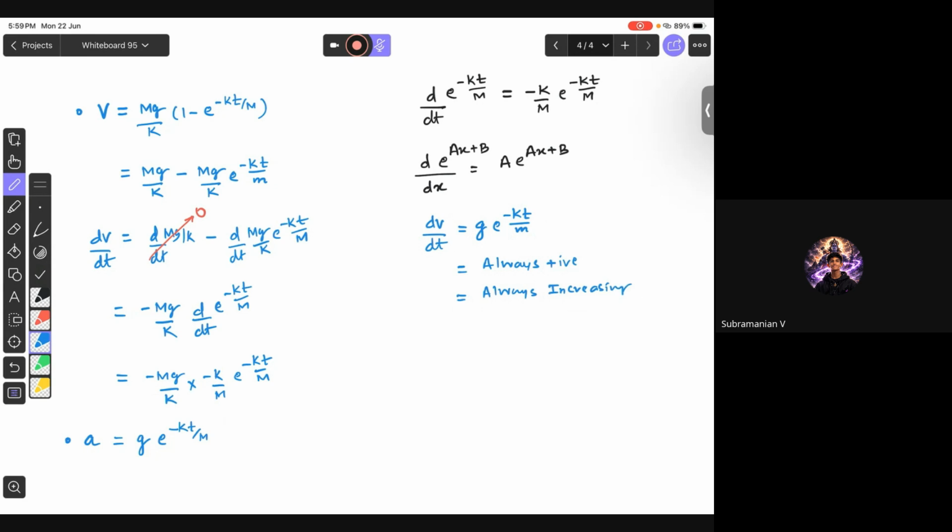Now find its second differentiation just to determine the shape of the graph. I'm doing all this so that it will help you remember the graph. So again, I differentiate it. It's going to be the double differentiation of v. That will be dv by dt of g into e to the power minus kt by m.